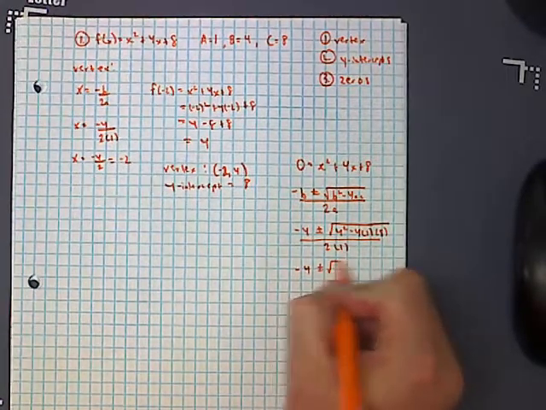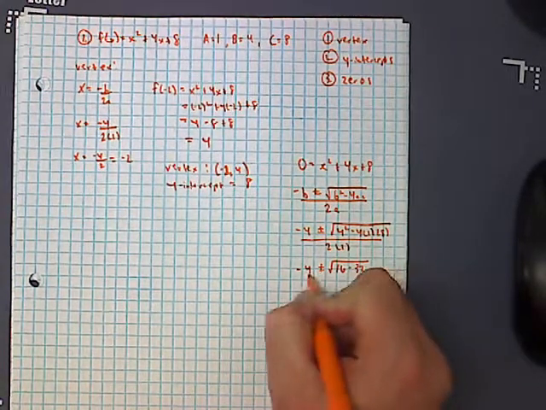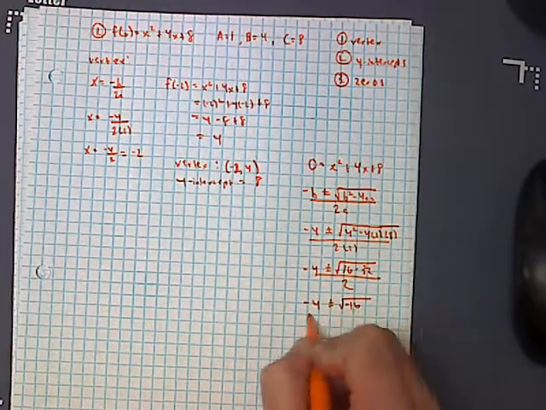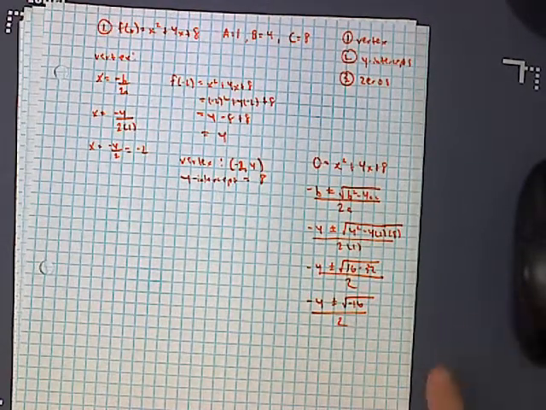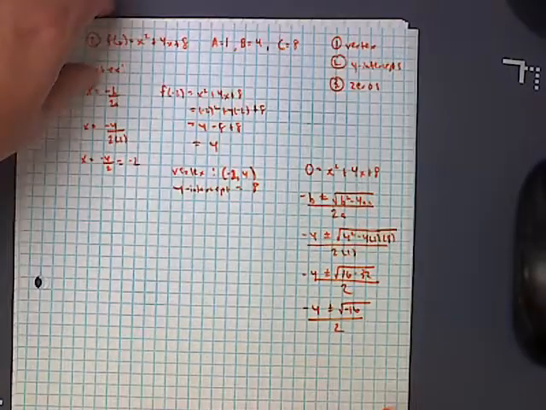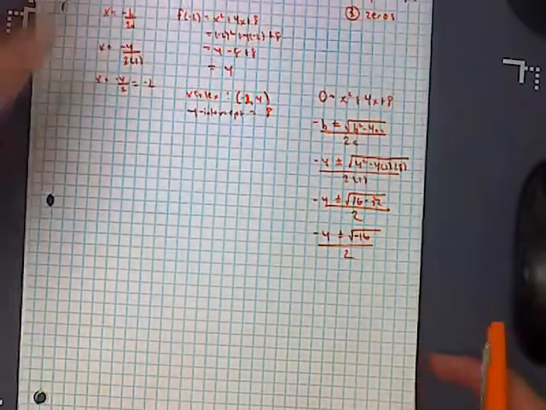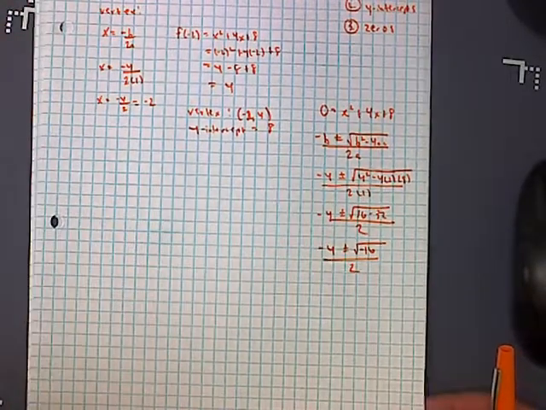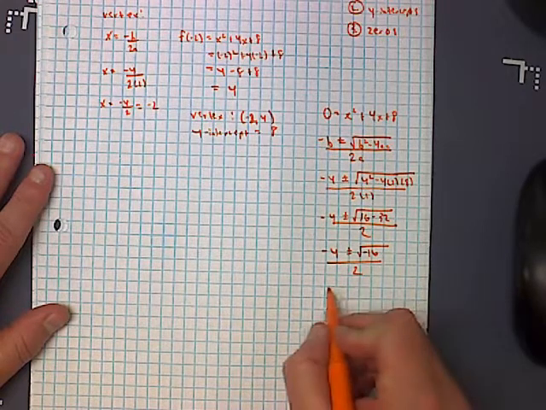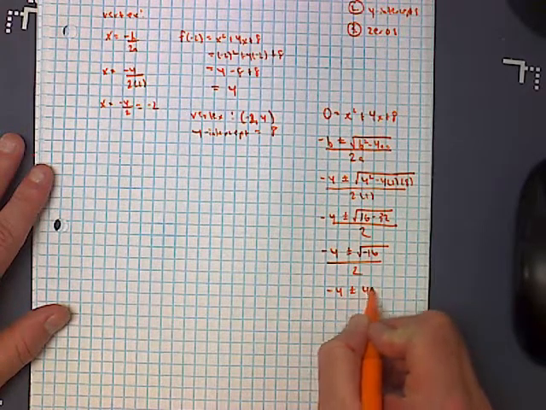Negative 4 plus or minus the square root of 16 minus 32, over 2. That leads to negative 16 under the radical. Because I have a negative 16 under an even root, these roots will be imaginary. They will not be real. They do have roots, but they're imaginary, not real. So since they're imaginary, they will not appear on the graph.